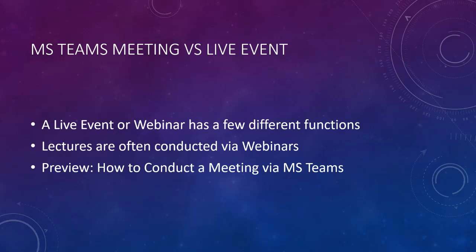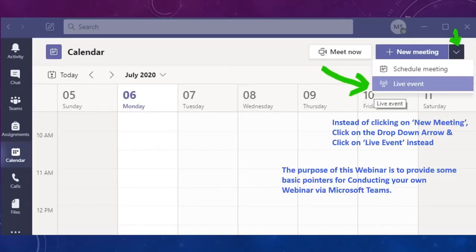So we've already seen the preview of how to conduct a meeting via MS Teams. If you have any questions regarding MS Teams meetings, feel free to email us as well. But for today, we want to focus on live events. So how do we create a live event? We click on the little drop-down arrow on the top right.